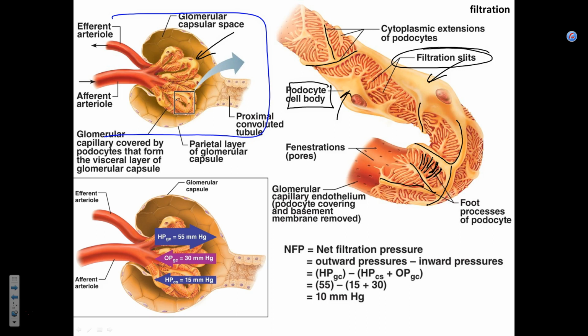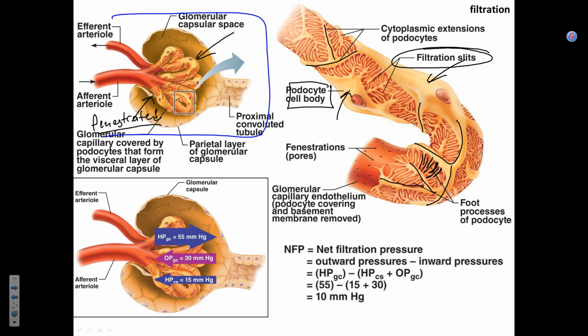Does it make sense? So the capillaries in the glomerulus are fenestrated. Remember we talked about fenestrated capillaries. We talked about three types of capillaries: continuous, fenestrated, and sinusoid. Continuous being the least permeable, and sinusoid being the most permeable. So glomerular capillaries, the fenestrated ones, are somewhere in between.